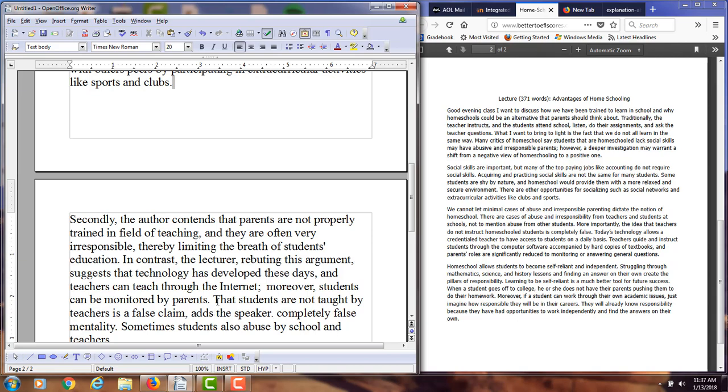Now, what are we saying here? The fact that, but I'm making it more formal, so that students are not taught by teachers is a false claim, adds a speaker.